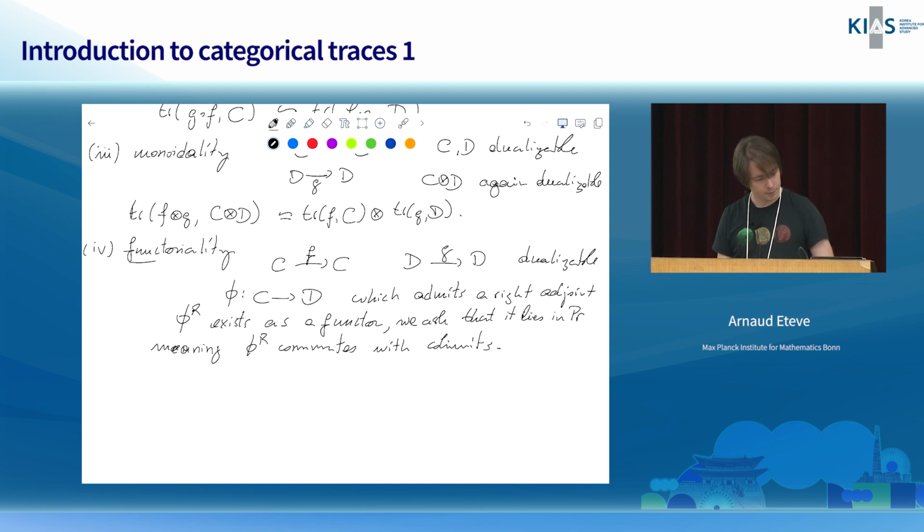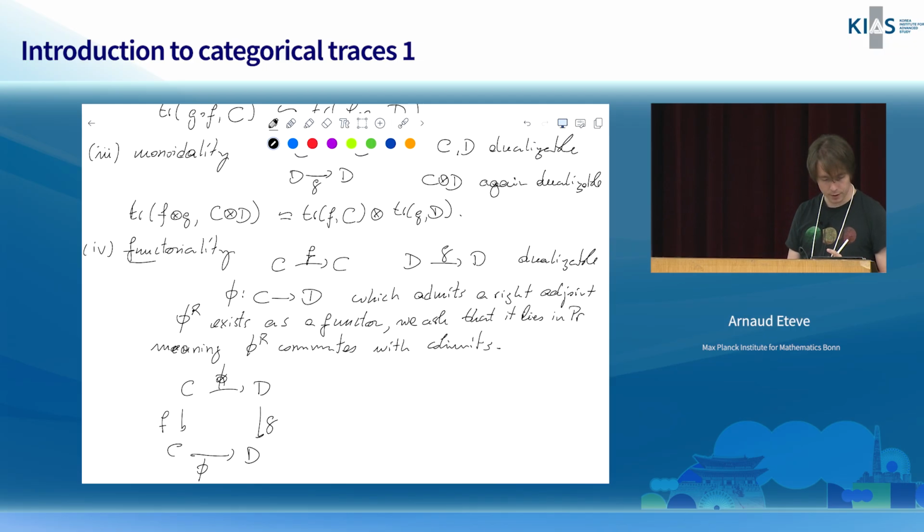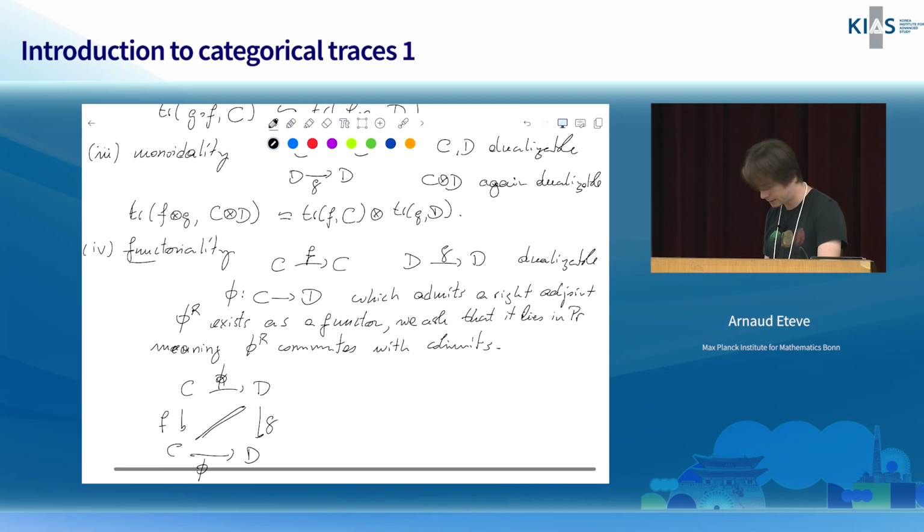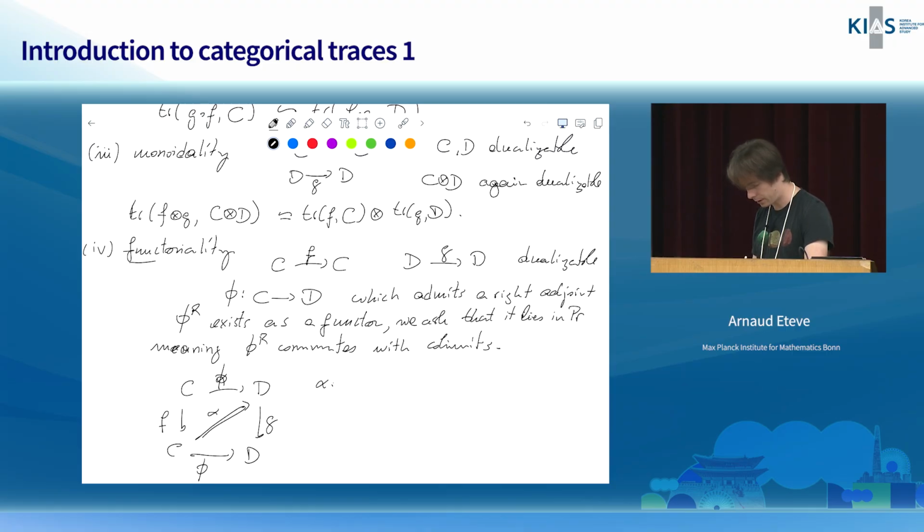Okay, and then we want a diagram like this. So we want C to D, C to D. So here we have F, G, phi, and then we want a natural transformation between them, which goes like this. So alpha is a natural transformation between phi F and G phi.